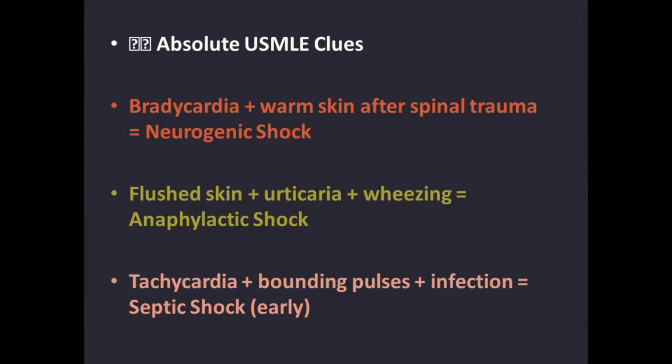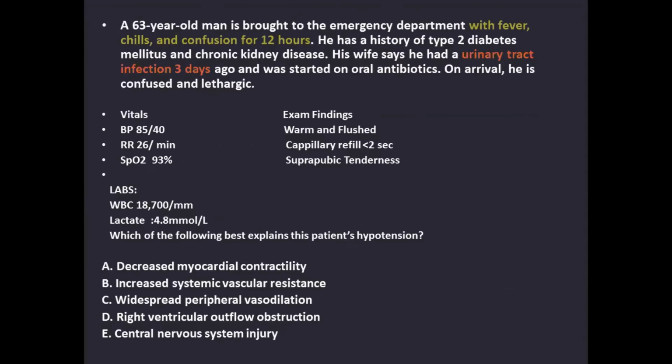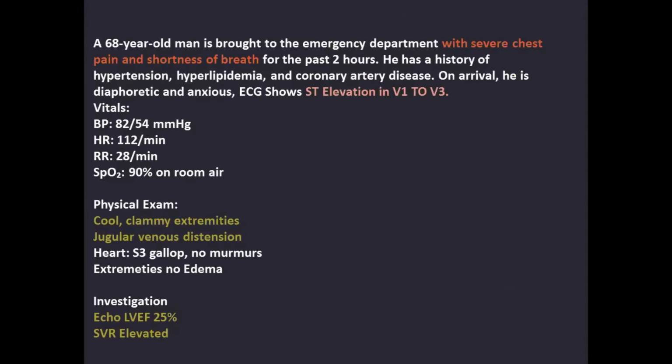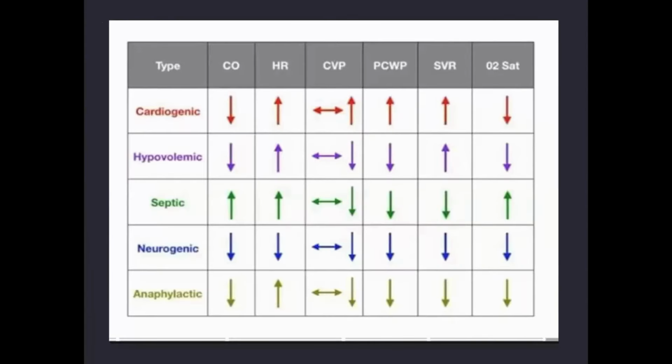And tachycardia, pounding pulses, and infection history are all changes that happen in septic shock. Now, in septic shock, why is cardiac output up? I will tell you, he or she is ultimately a genius if they can answer with the reason why cardiac output is up.